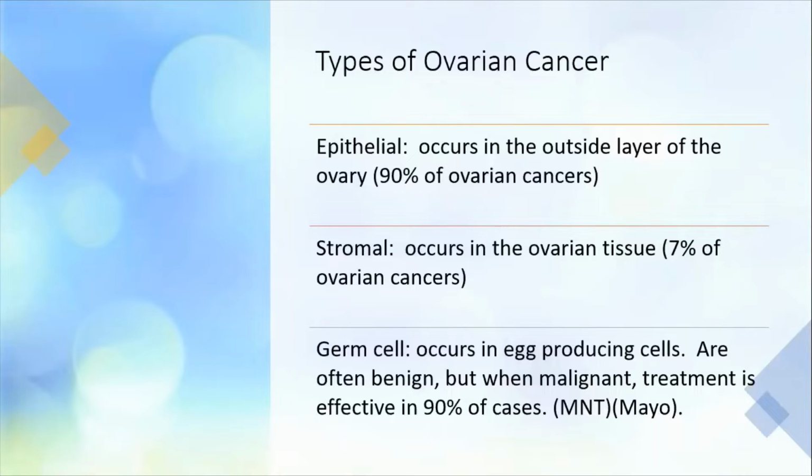Germ cell ovarian cancer occurs in egg-producing cells. When they occur, they are oftentimes benign, meaning non-cancerous, but when they are malignant, meaning cancerous, treatment is effective in 90% of the germ cell ovarian cancer cases.